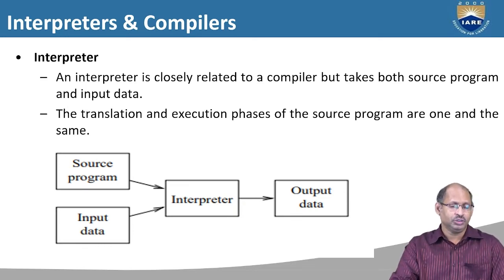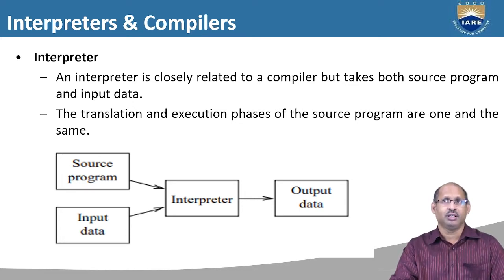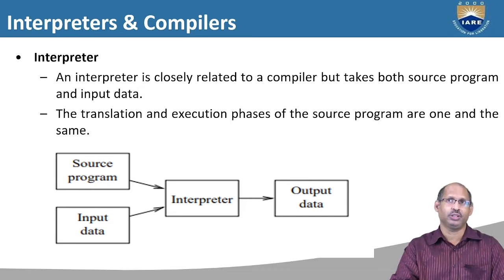Interpreter. An interpreter is closely related to a compiler, but it takes the source program and input data. The interpreter will not translate one form of the source program to another form of the source program.